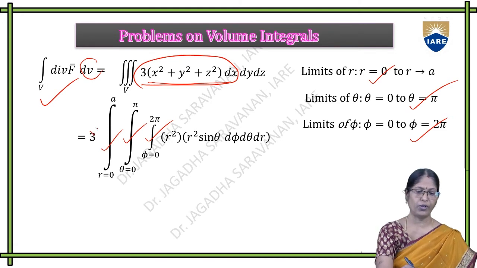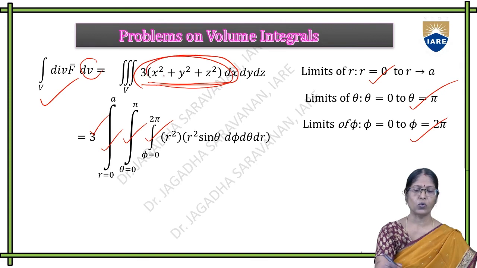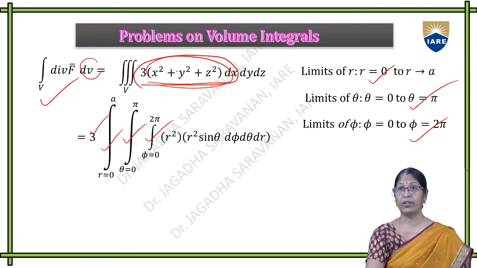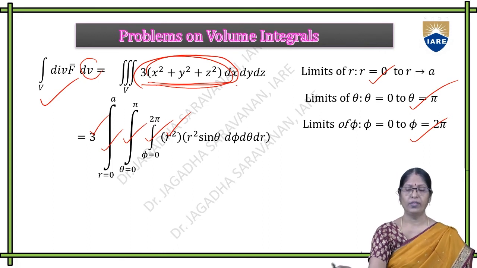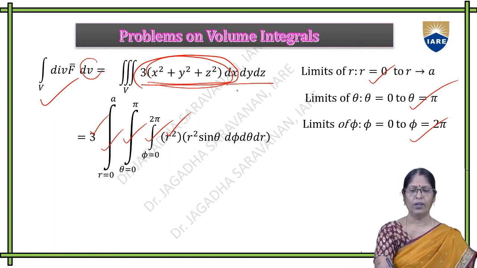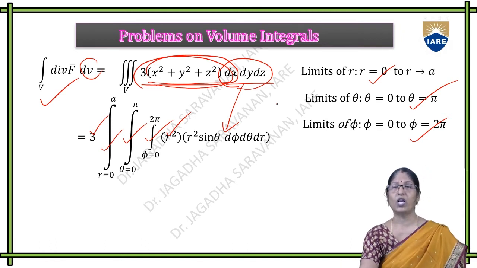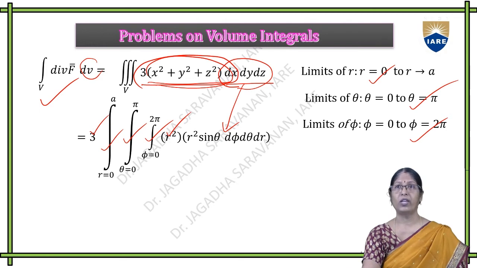This 3 we keep outside. Now the total x square plus y square plus z square is nothing but r square. The complete dx dy dz is replaced by r squared sine theta d phi d theta dr. This we replaced using the Jacobian.